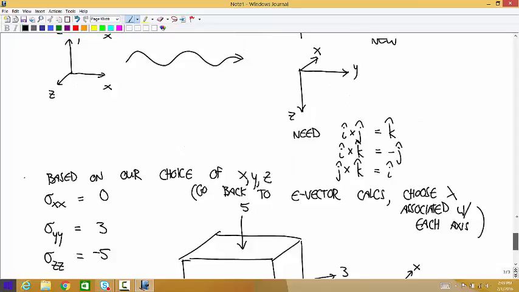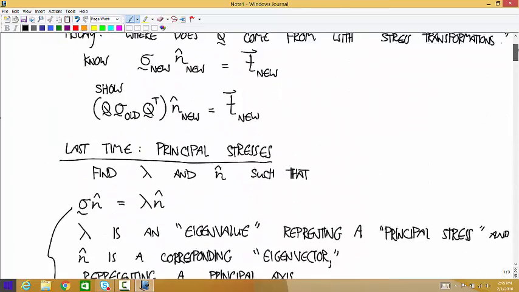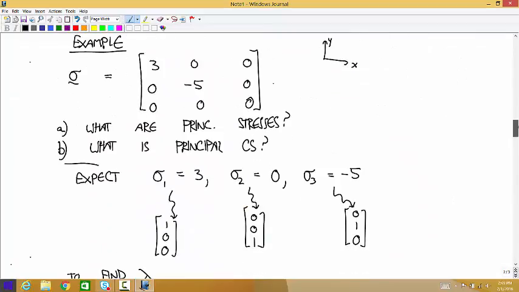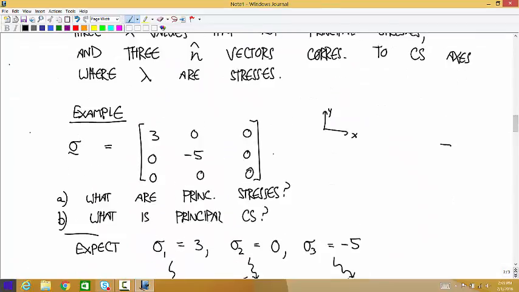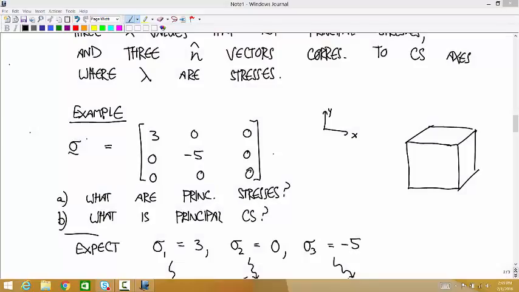And what would we have gotten at the beginning if we would have drawn this stress cube? We would have gotten 3, 5.